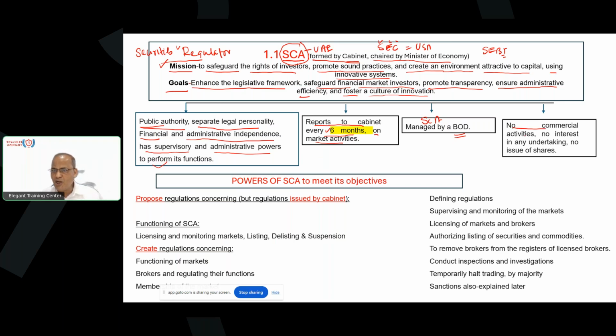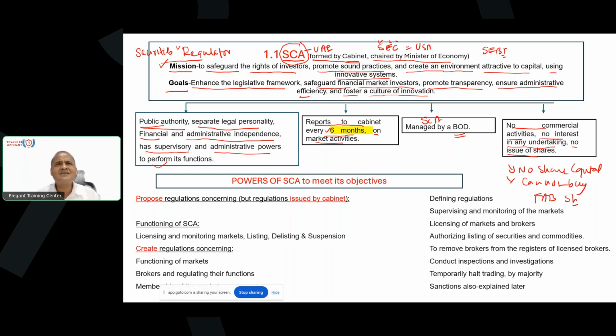They are not into commercial activities, have no interest in any undertaking, and no issue of shares, meaning no share capital. They cannot buy shares, for example FAB shares. They are not allowed to invest.